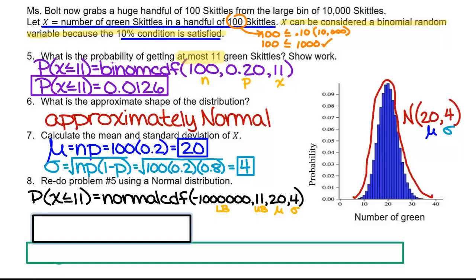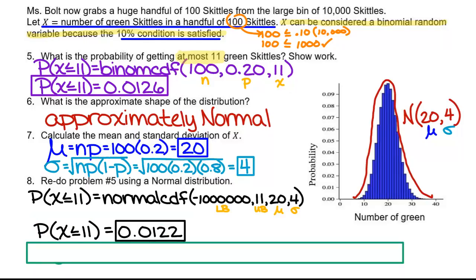And what did you get when you did normal CDF? Yeah, I got 0.0122-ish. What do you notice about the answer from number 5 and the answer here on number 8? So if I were to talk about this one in terms of percent, that's 1.26%.